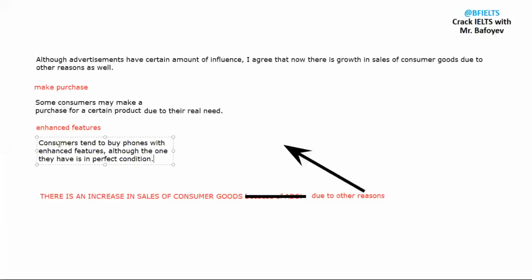So it's not like they are buying it because this phone was advertised on TV or somewhere, right? They just want enhanced features. For example, they have a mobile phone whose camera is not good enough. So they decide to buy a phone with quality camera in it, right?